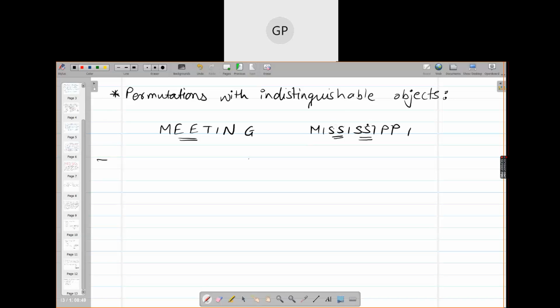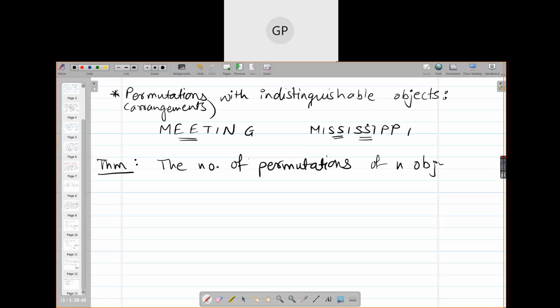Write the statement. The number of permutations. Permutations means arrangements, every time please remember this. Of n objects, so the total number of objects is n, containing n1 indistinguishable objects of type 1.